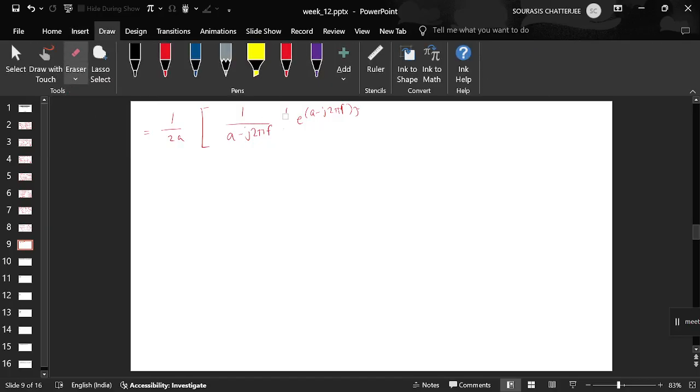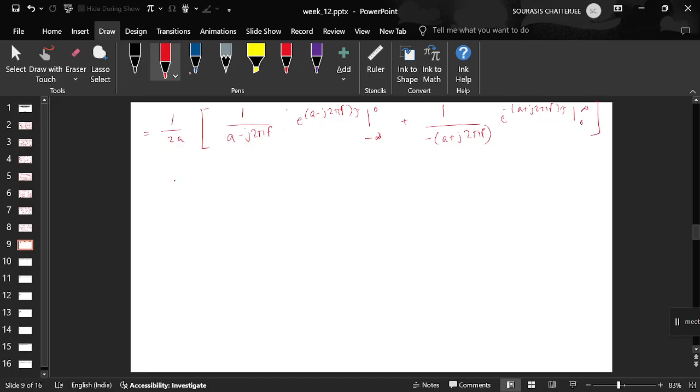This integral would be just minus infinity to 0. Then again we have, plus here, minus of (a plus j 2 pi f), and then we have e to the power minus (a plus j 2 pi f) tau from 0 to infinity. So this is 1 over 2a, and tau evaluated at 0 will be 1, and tau equal to minus infinity.